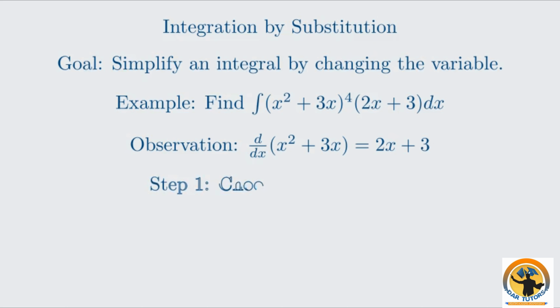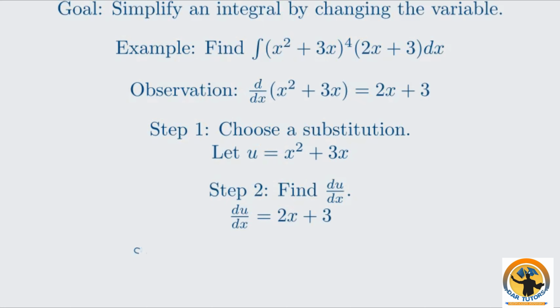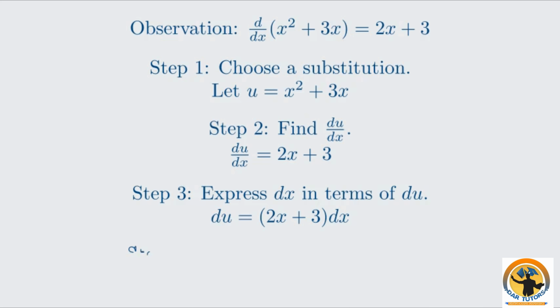We'll make the substitution u equals x squared plus 3x. Then we find the derivative of u with respect to x, which is du/dx equals 2x plus 3. Rearranging this, we get du equals (2x plus 3) dx. Now we can rewrite our entire integral in terms of u.